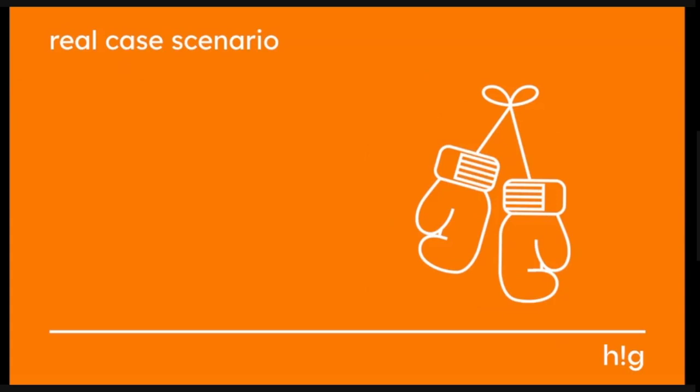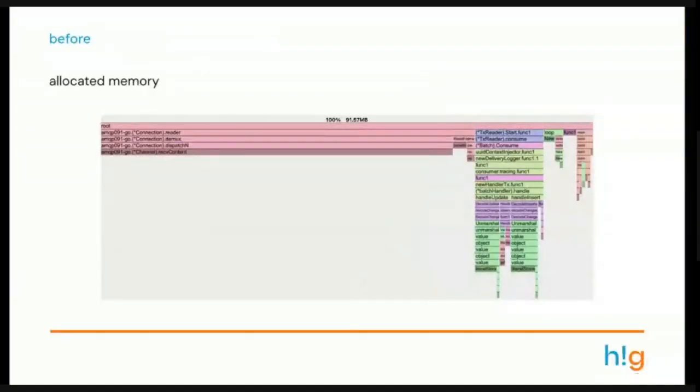Once upon a time, our application got OOM killed. That means the application was out of memory. It couldn't allocate more, so it died. We started an investigation. The first thing was that we added pprof, and we will see what it shows.